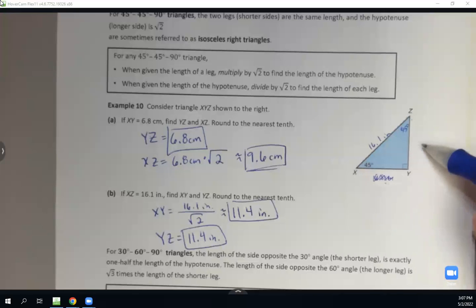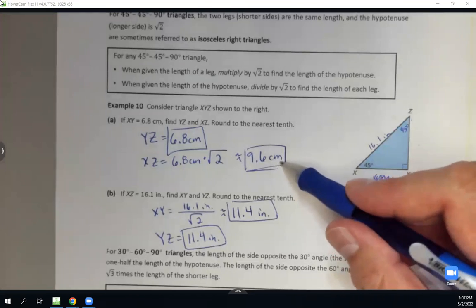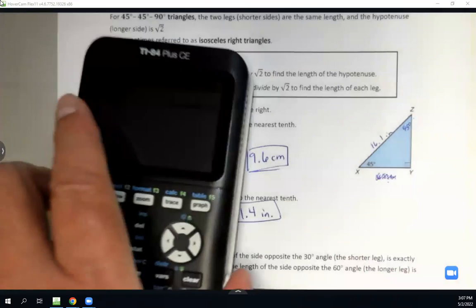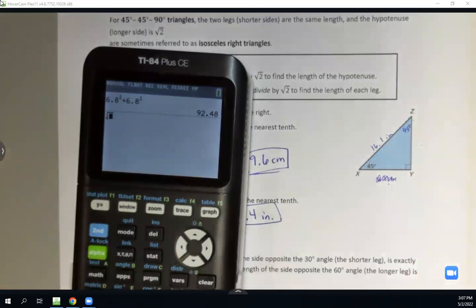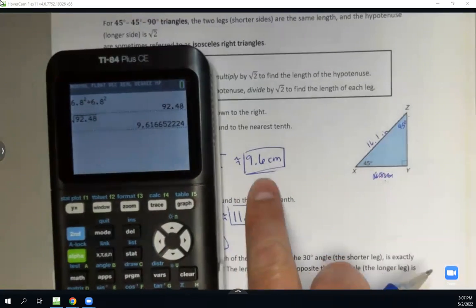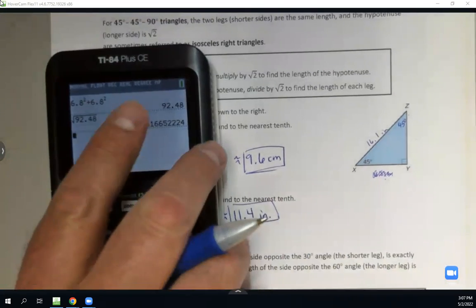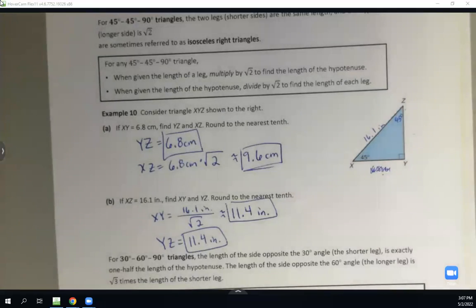So 6.8 squared plus 6.8 squared and then square root it, that's also going to give you the 9.6. I'll just show you that. If I take 6.8 squared plus 6.8 squared, that's that. And if I take the square root of 92.48, I get 9.6. Okay, does that make sense?